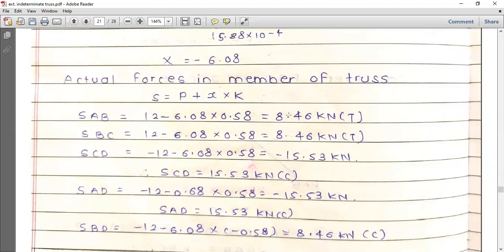If you are getting a positive answer, it means the nature of the force in the member is tensile. If you are getting a minus, as here the force in member CD, we are getting negative, it means the nature of the force is compression.